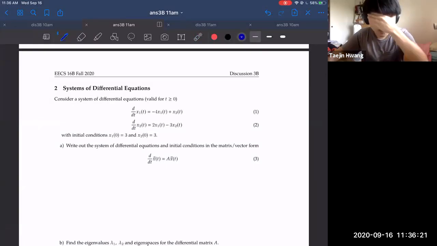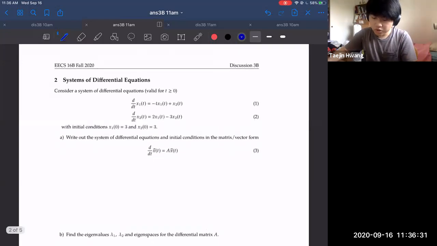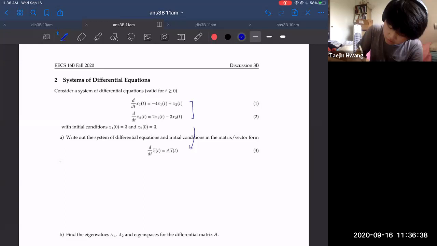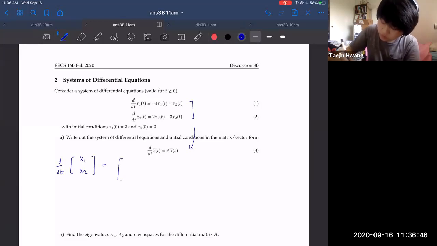Okay, so part A asks us to write out the system of differential equations and the initial conditions in matrix vector form. This really is just fitting our problem into our form over here. Currently, we know that the derivative of x1 and x2 as a vector is equal to some matrix times x1 and x2.